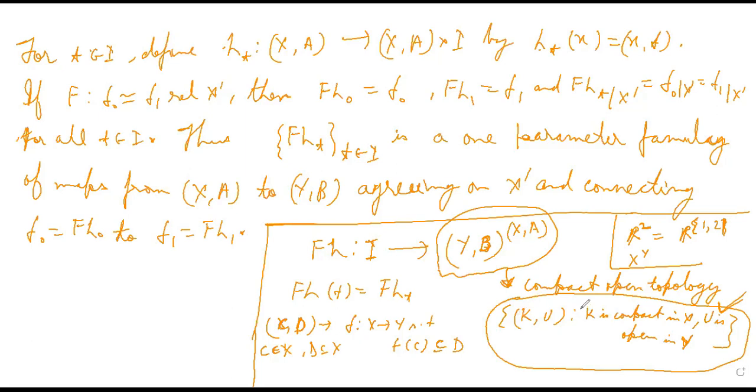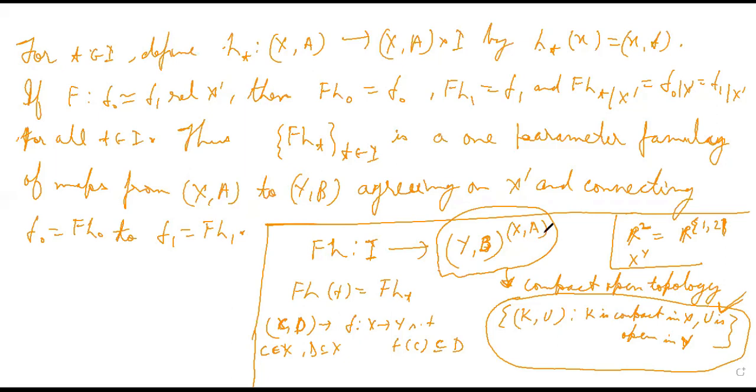You consider all finite intersections over this collection, and then you consider all arbitrary unions of whatever you get. That will be a topology. I hope you have already studied these things in your general topology course.